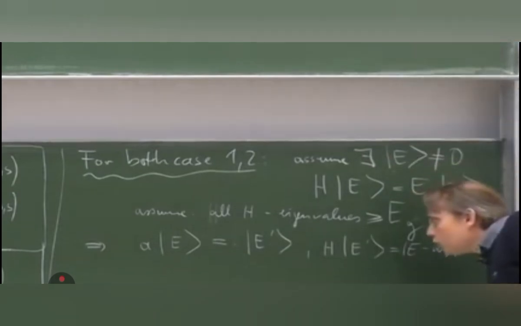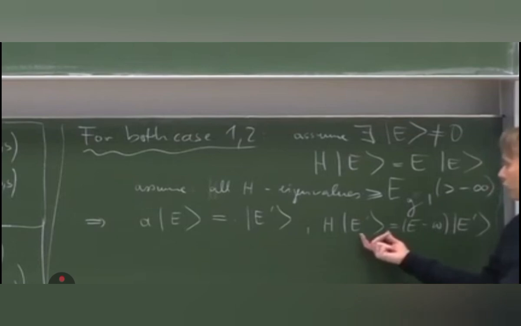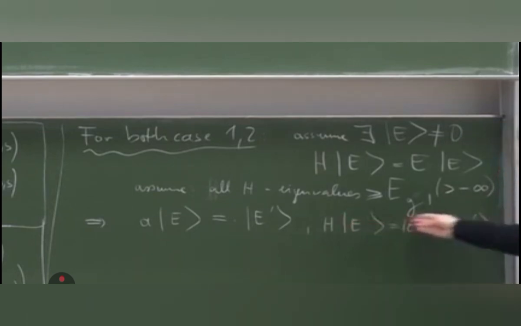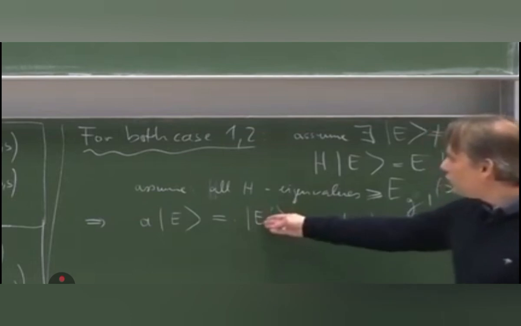And actually here there are two possibilities. It can be that the state E prime is a non-null state, an actual state with some norm, or it could be the null vector. But then the equation is also satisfied. Either way, for sure we know that this equation is valid and we know that this object exists.